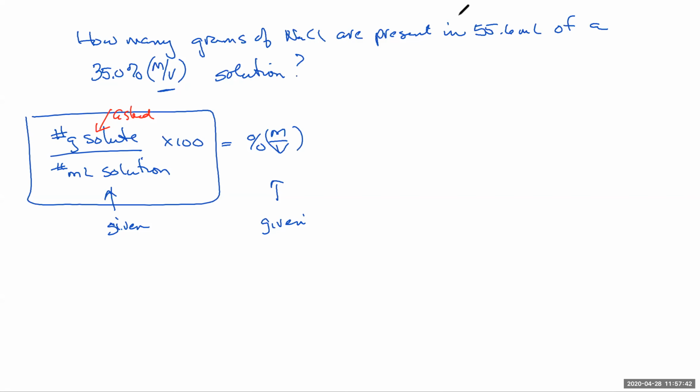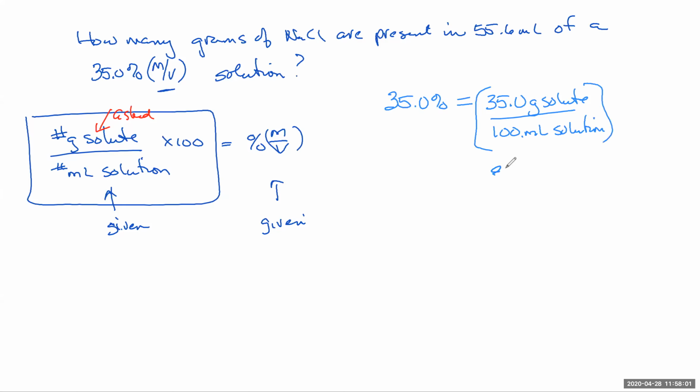So if I know percent, 35.0% means I have 35.0 grams of solute per 100 milliliters of solution, right? That's what it really means, 35 per 100. Then I can use this as my equivalent statement.